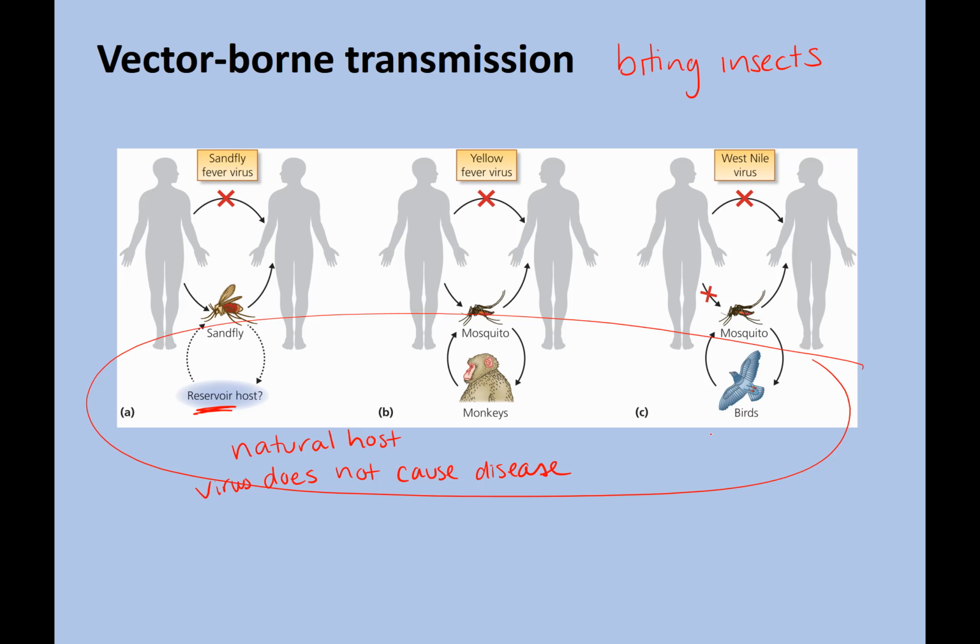So the virus is happy there. It replicates, it makes more virus, and then it's transmitted by one of these biting insects, feeding usually a blood meal off of the reservoir host, and then transmitting that to a second host.